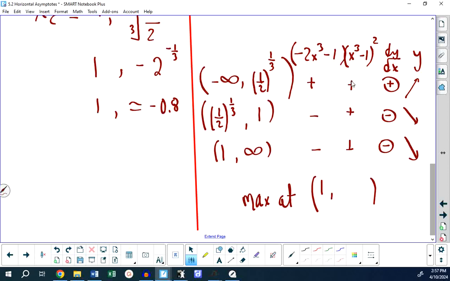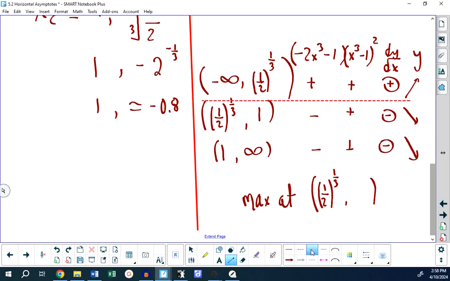Right? The function goes from increasing to decreasing at this comma something. It goes from increasing to decreasing as we pass through that critical value of x of 1/2 raised to the third.